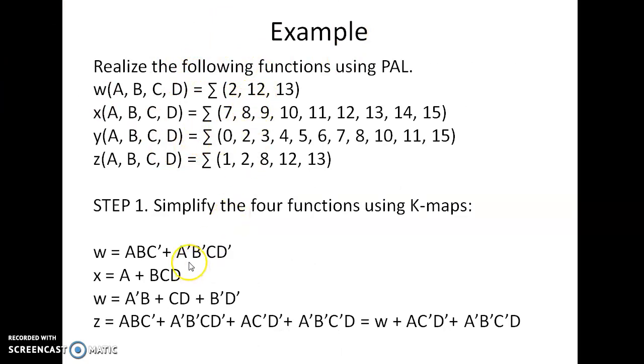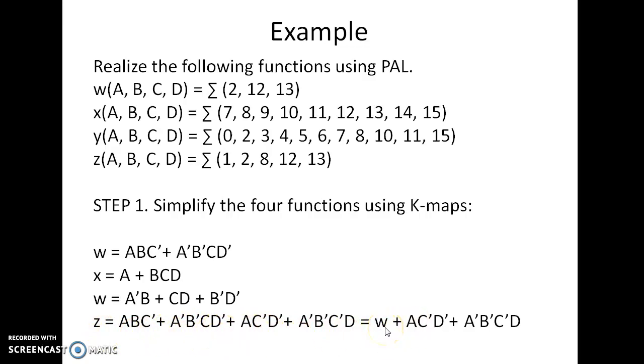Simplify using K-maps. Why are we simplifying? To reduce the number of AND gates, to reduce the complexity of the circuit, to reduce the number of literals in each product term. Right? So once you simplify, you just trace whether any other outputs can be replaced in some other functions. In this example, W replaces the two products, which reduces the complexity.